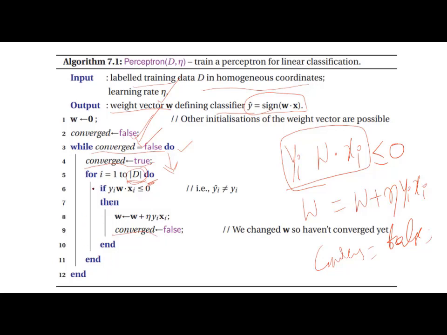Now whenever it comes out of this for loop, if the converged is false, it again goes into the loop. That means no D should get false. Then only it comes out of this while loop.